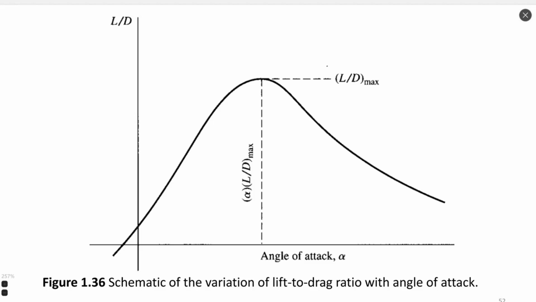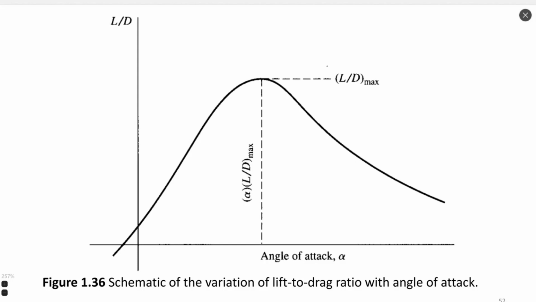Also, we can see that a maximum of lift to drag ratio exists for any kind of airfoil or wing or complete airplane, which characterizes the aerodynamic efficiency of the body.